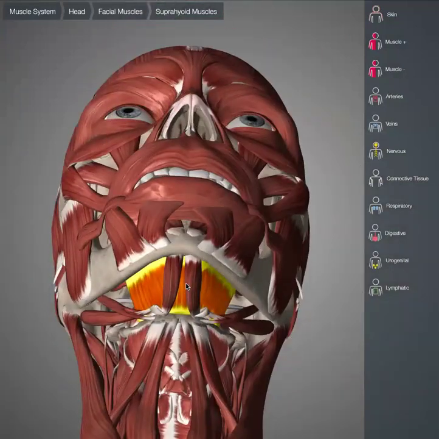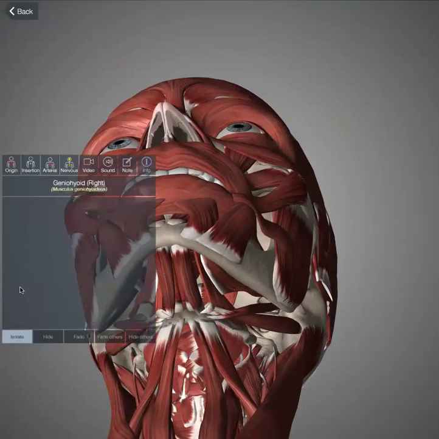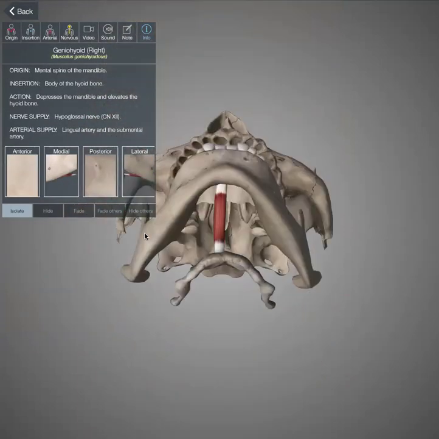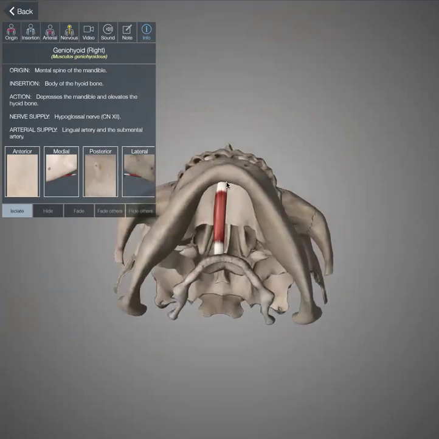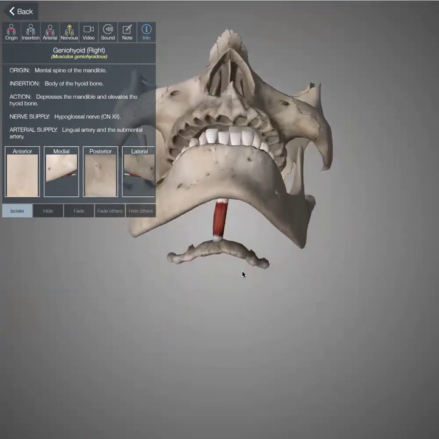The next one after this is geniohyoid. Geniohyoid origin, the mental spine of the mandible. Remember, there were mental spines here. And insertion, hyoid bone. Action, same: depression of the mandible, elevation of the hyoid.